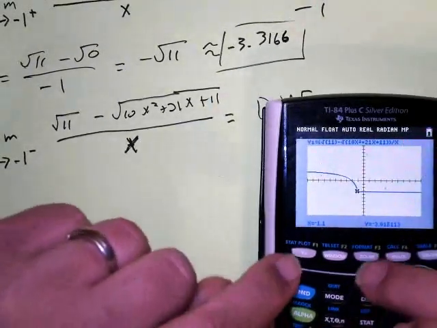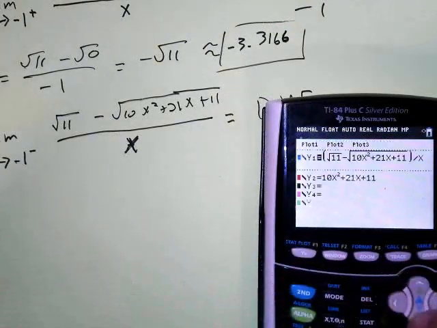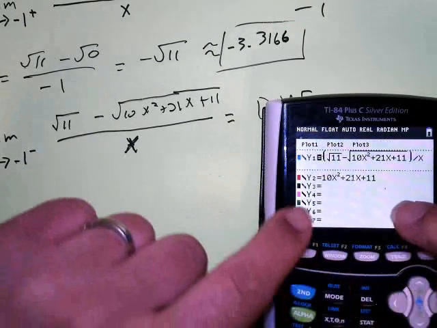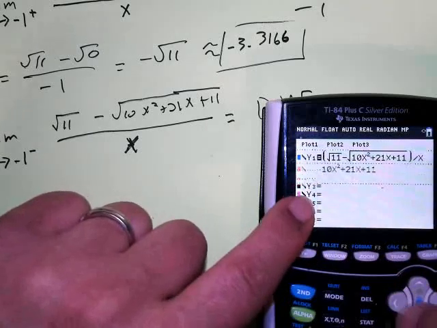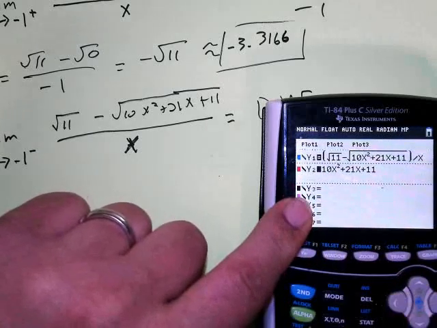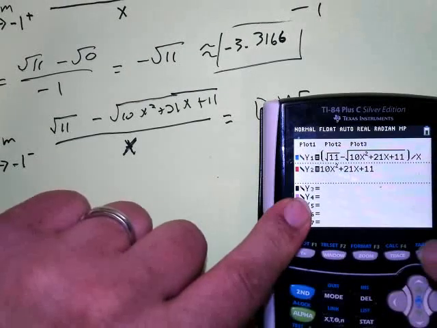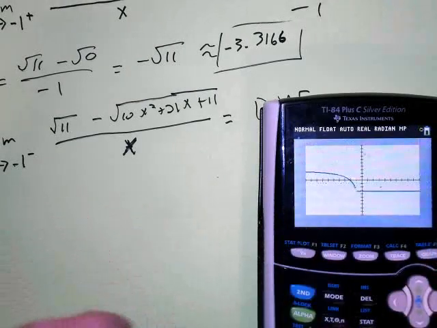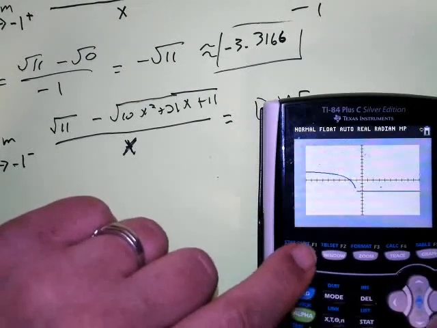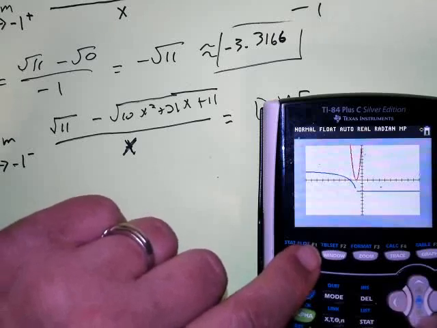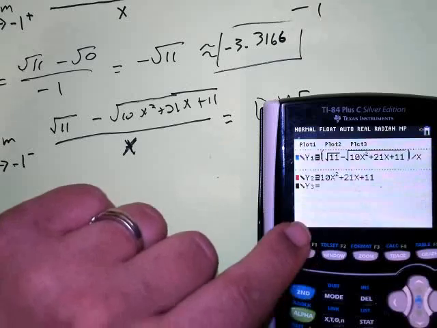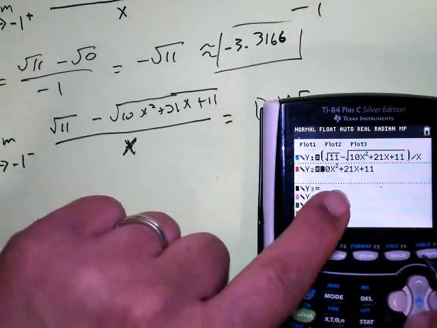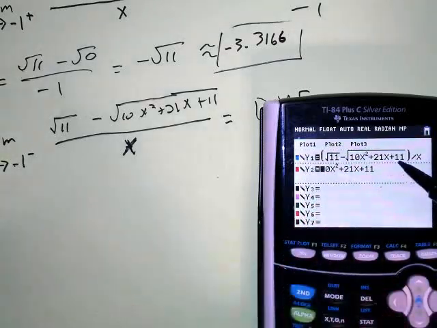And so to see why this is, I'm going to graph the parabola that's underneath the radical.